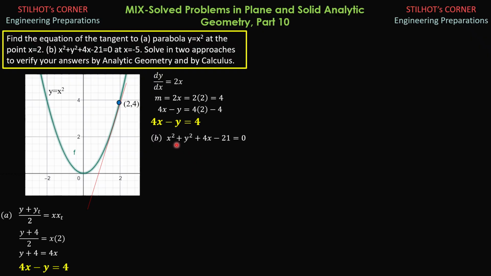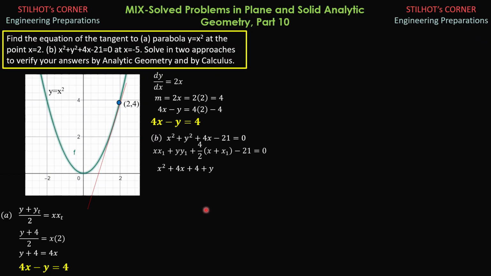So xxt plus yyt plus 4 times 1/2 quantity x plus xt, minus 21 equals 0. To find the point of tangency when x is -5, we solve for y.